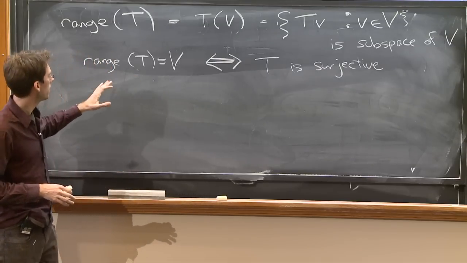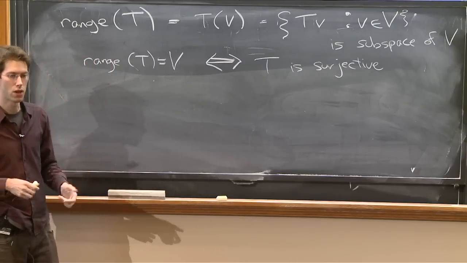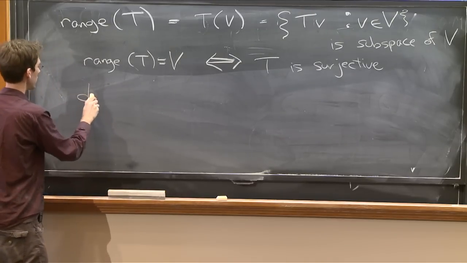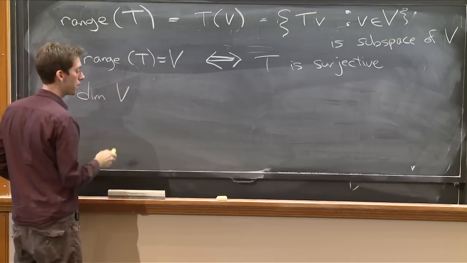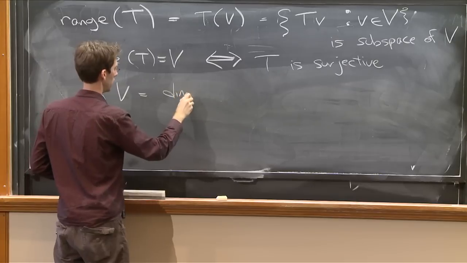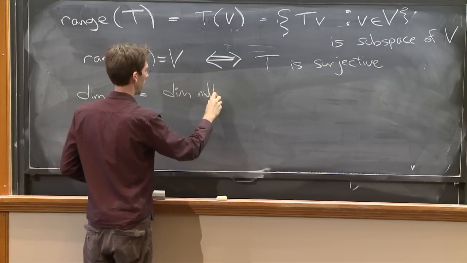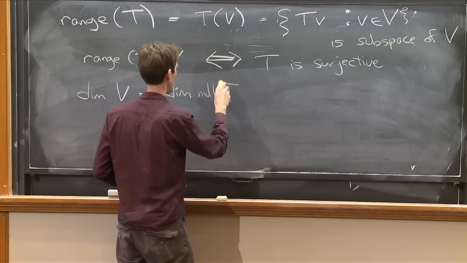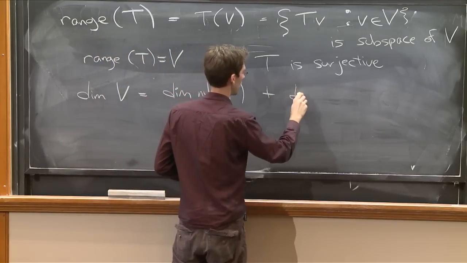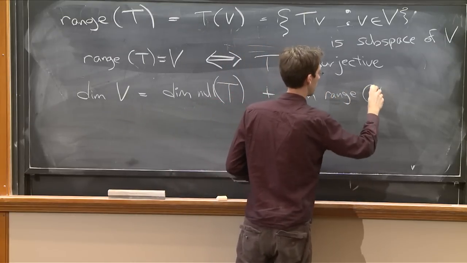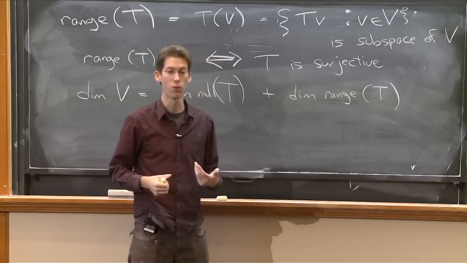So one important property of the range and the null space, whenever V is finite dimensional, is that the dimension of V is equal to the dimension of the null space plus the dimension of the range.